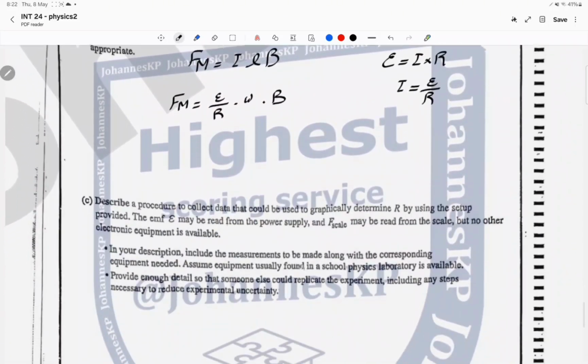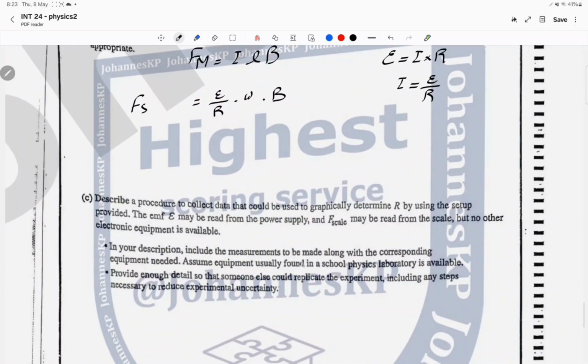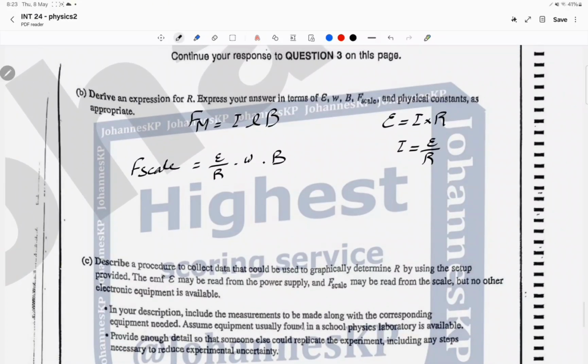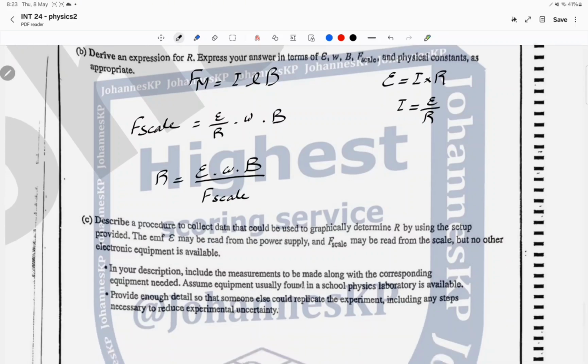So replace the F magnetic with F scale. And so now R is equal to EMF times W times B over F scale. Yeah, that's how we do it.